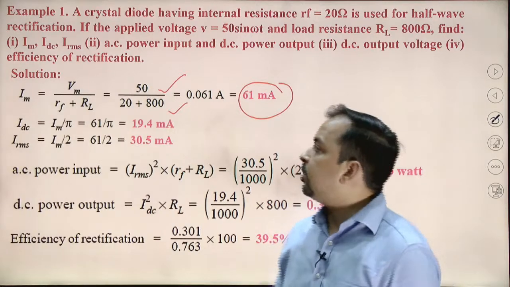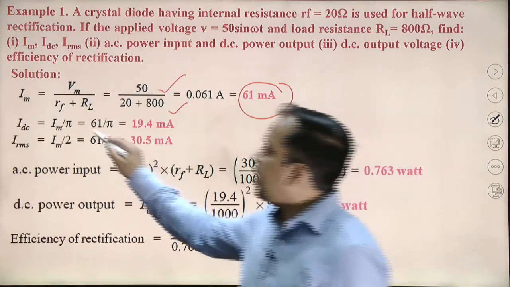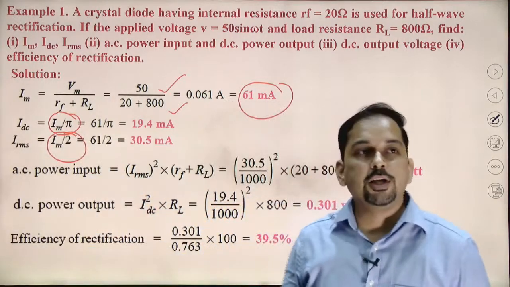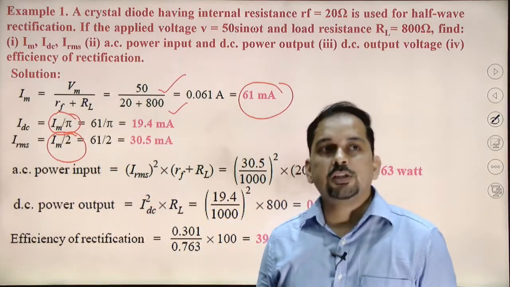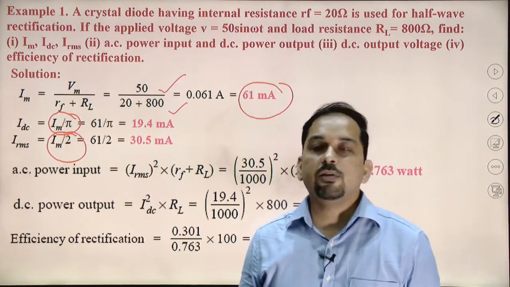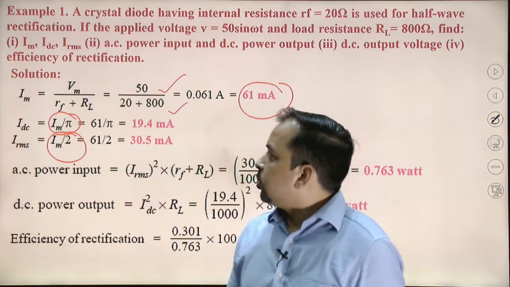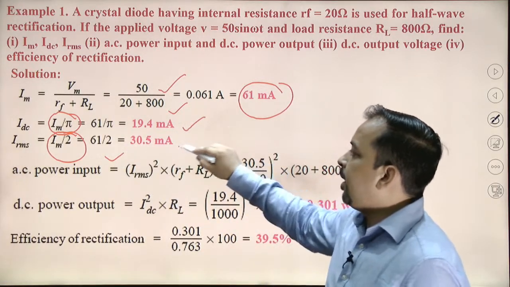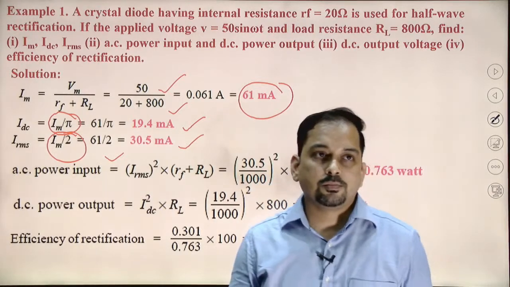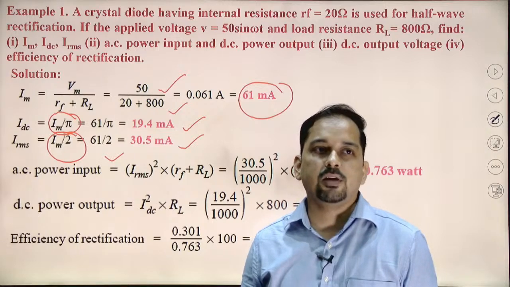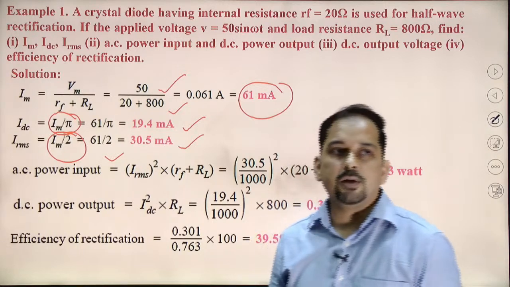With the help of this peak current, as we are already aware, the average or DC current is given as Im by pi and the RMS current is given by Im by 2. With these two relationships, we can calculate IDC and IRMS. So IDC is 19.4 whereas IRMS is 30.5 milliamperes.